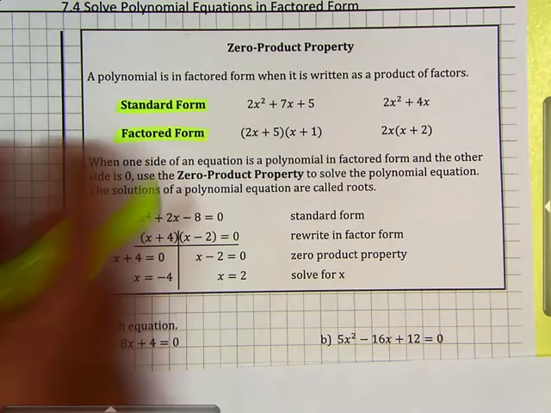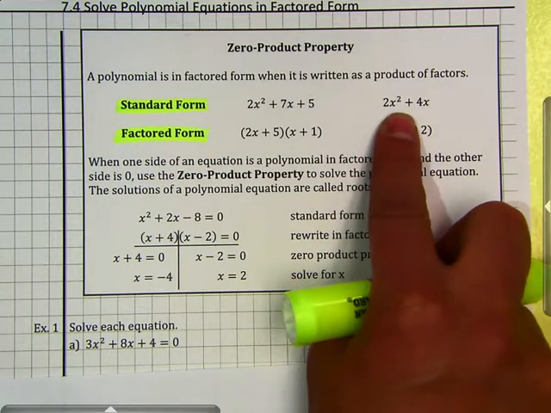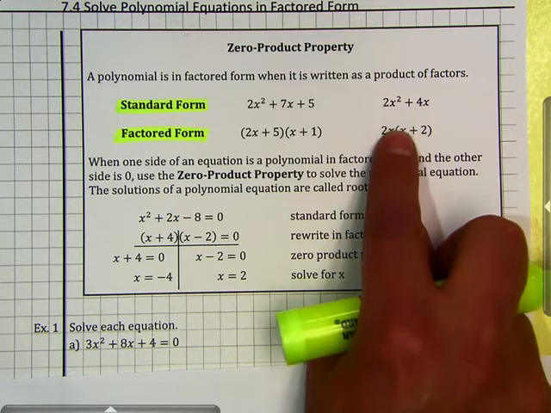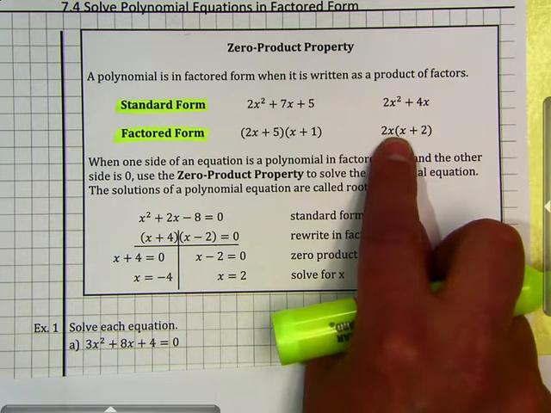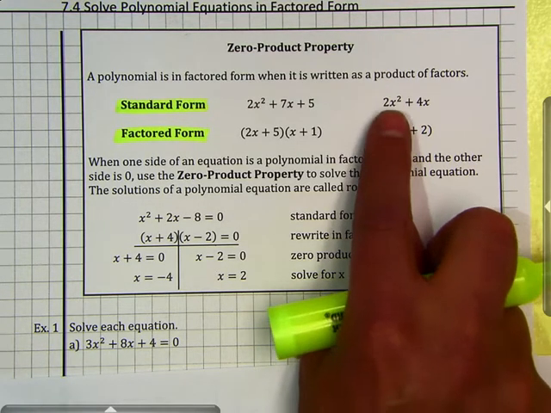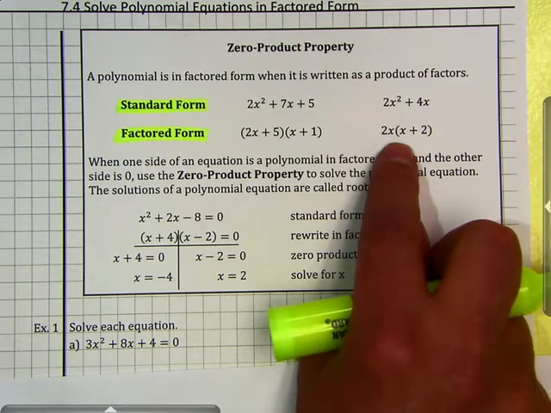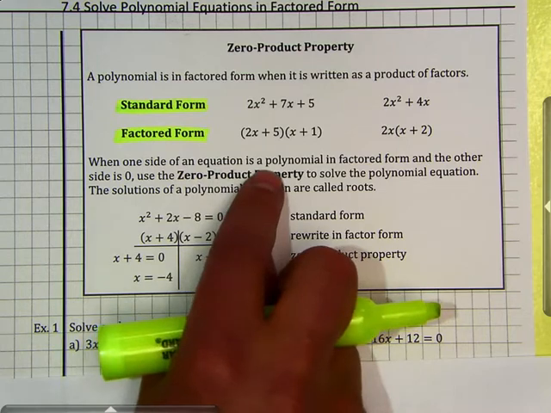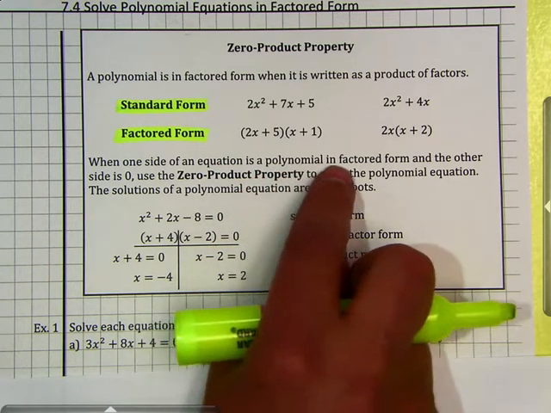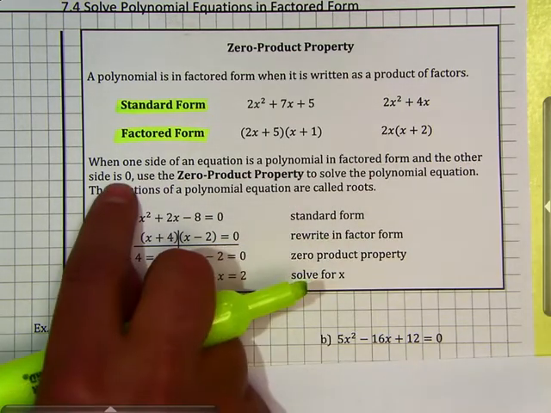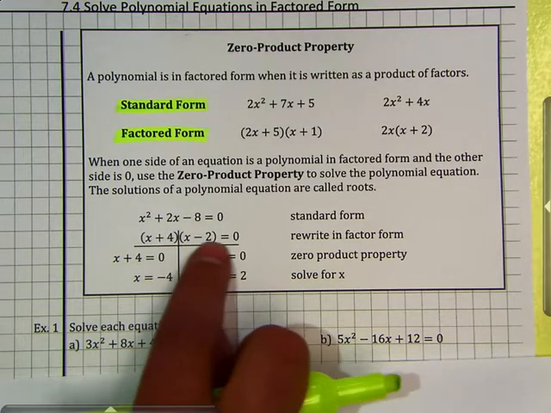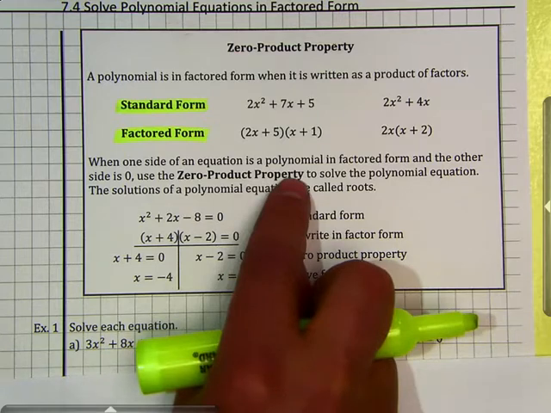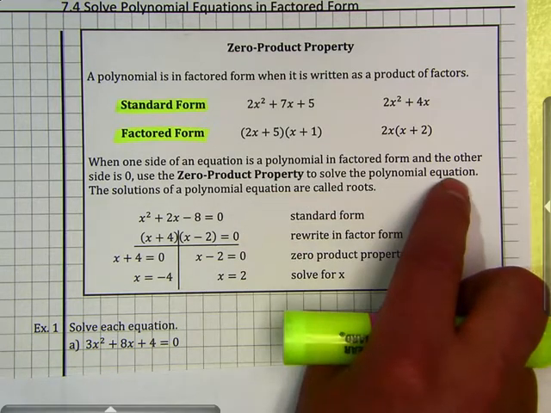We're also going to cover this type when we have a binomial and they both have an x, and we're going to factor out the common factor, the common term. So this is standard form and this will be factor form. Now, when one side of an equation is a polynomial in factor form and the other side is 0, such as this part, then we're going to use something that we call the zero product property to solve a polynomial equation.